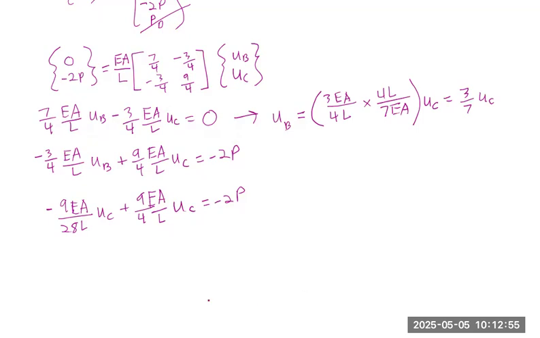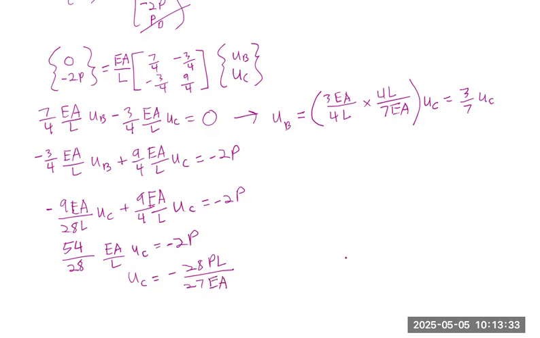And thus solving for UC, we get 54 over 24 over 28, sorry, EA over L UC is equal to negative 2P. And thus UC is equal to negative 28PL over 27EA.